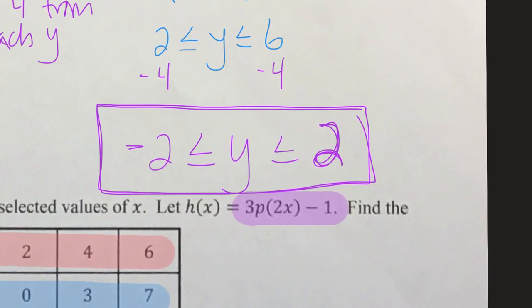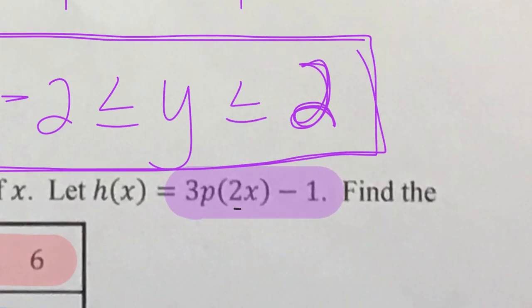So first of all, you're going to multiply your x value by 2. And then you're going to find the p of that. And then you multiply that value by 3, and then finally you're going to subtract 1. Okay?